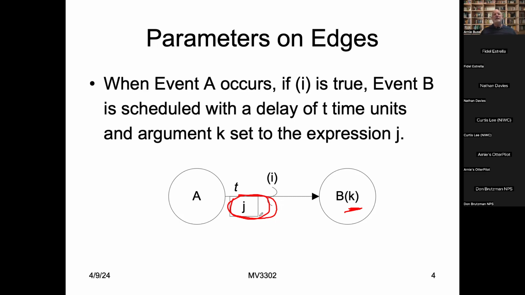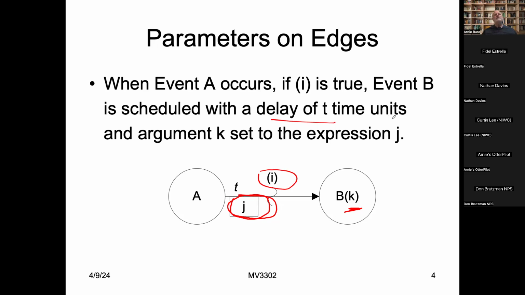This is an expression. So it could be a single value, a fixed number, a single variable, or any expression involving variables and numbers. Or it could be a string. So when event A occurs, if the condition is true, again, the condition always is a gatekeeper on the scheduling of the event, then we schedule event B with a delay of t time units.